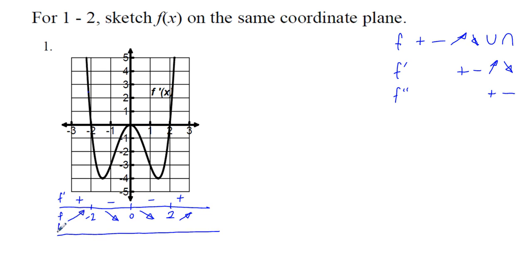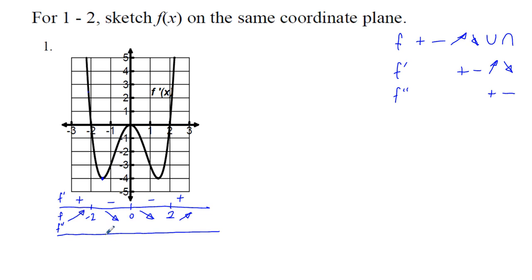So here's f double prime, which has to do with concavity. We're going to make use of this relationship here. Basically, what we're looking for in a graph of f prime is where the graph is changing from increasing to decreasing, or from decreasing to increasing. That's where we're going to see f double prime being positive and negative, and hence concave up, concave down.